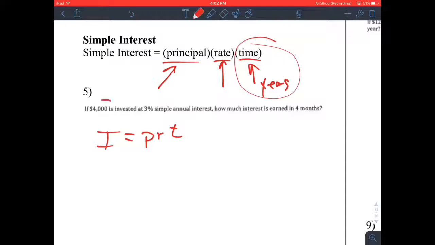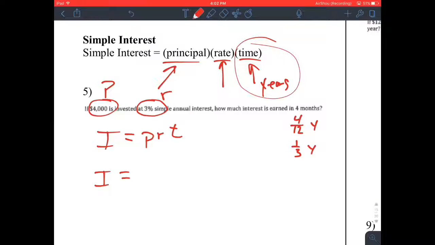If 4,000 is invested, that's P. At 3% simple interest, that's R. How much is earned in 4 months? Well, 4 is the time, but it has to be in years. So there are 12 months in a year. So to convert months to years, you just divide it by 12. So that's 4 over 12, which is a third of a year.